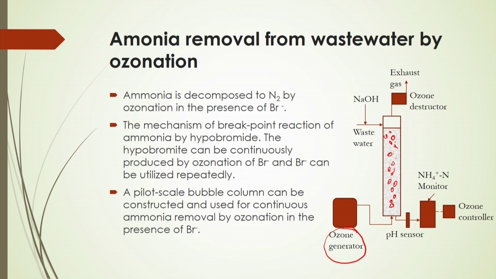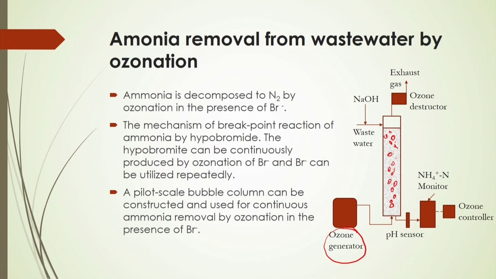Now, in that case you have to supply the ozone bubbles to convert this arsenic 3 to arsenic 5, and once the arsenic 5 is formed, it will be adsorbed onto a suitable adsorbent, and in this way you can remove the arsenic from the groundwater.